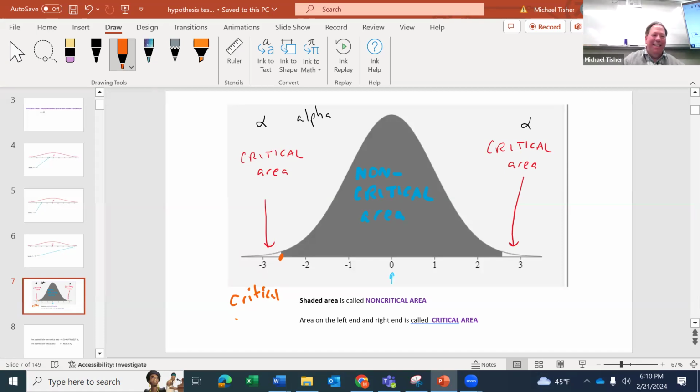Is it area? Starts with a P. This is not area, this is a point. Yes, critical point. And there's usually two critical points, a positive and a negative. And these are also known as critical values.